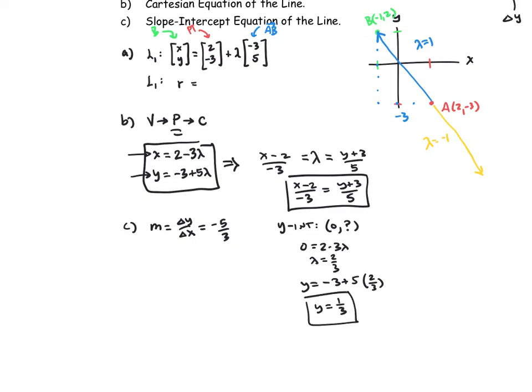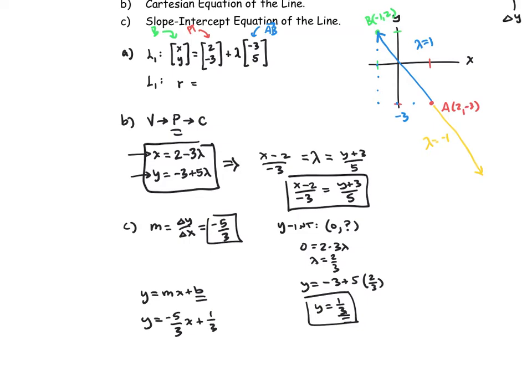So I've now got my y-intercept, and I've got my slope, so I can write the slope-intercept equation for this line. Remember, y equals mx plus b. B in this case is this 1/3. It's the y value when x is 0. Therefore, the slope-intercept equation would be negative 5/3 x plus 1/3.